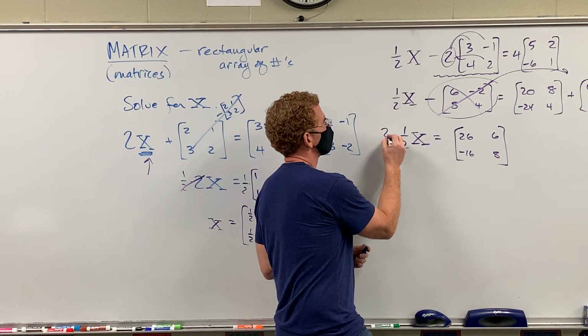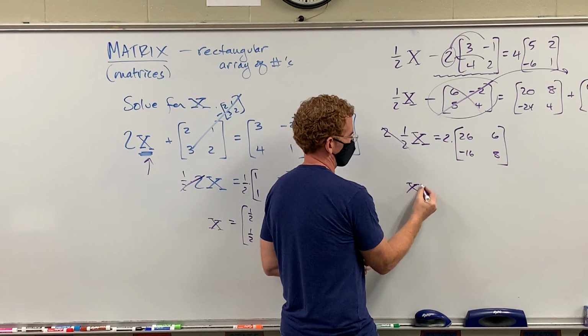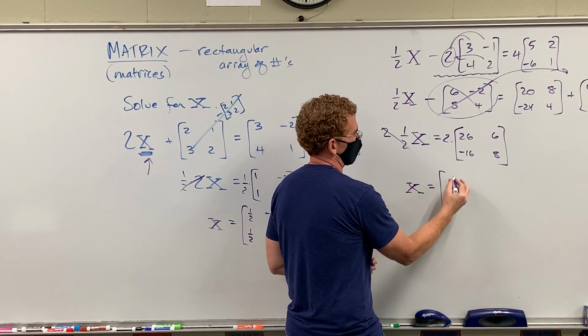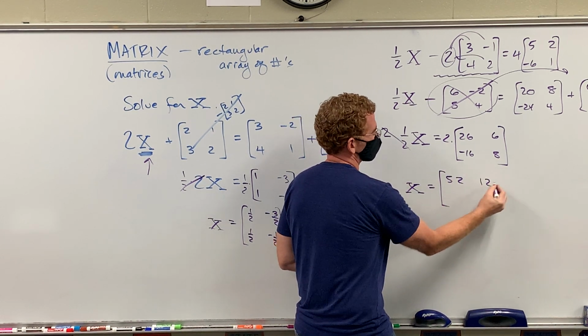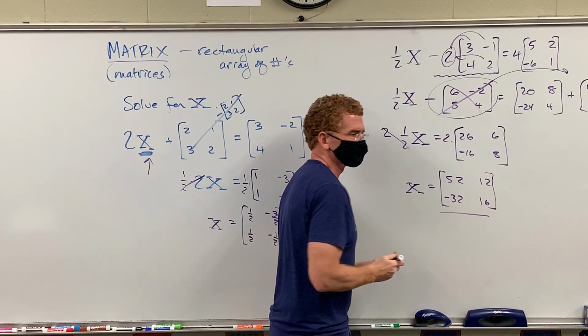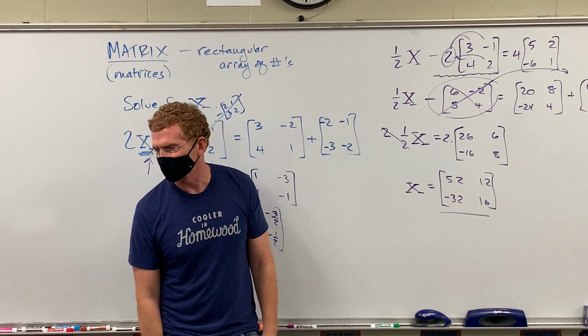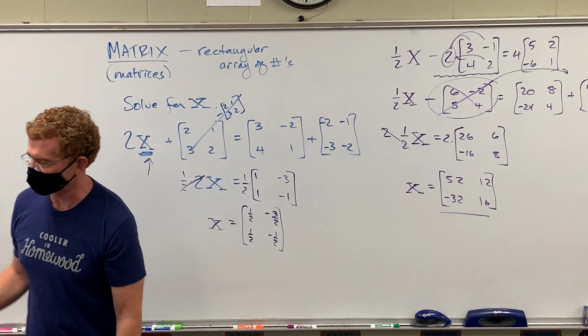Multiply by 2, canceling the one half. And what, 52, 12, negative 32, 16. And that's probably one of the hardest things you'll see. Hopefully not a big deal.